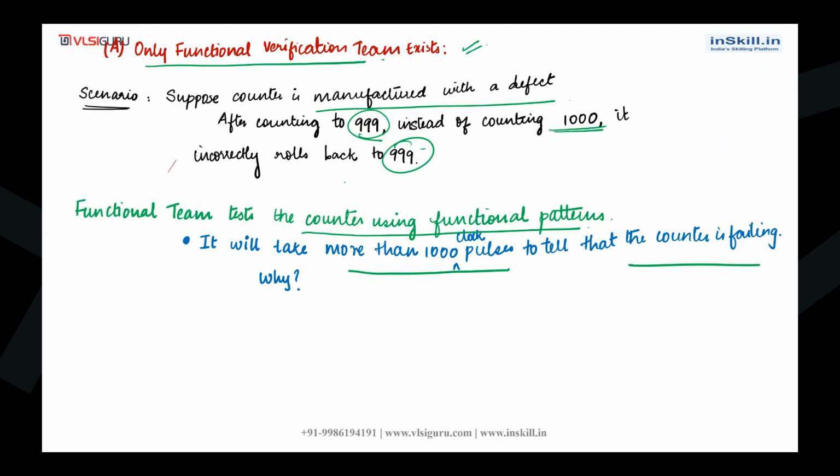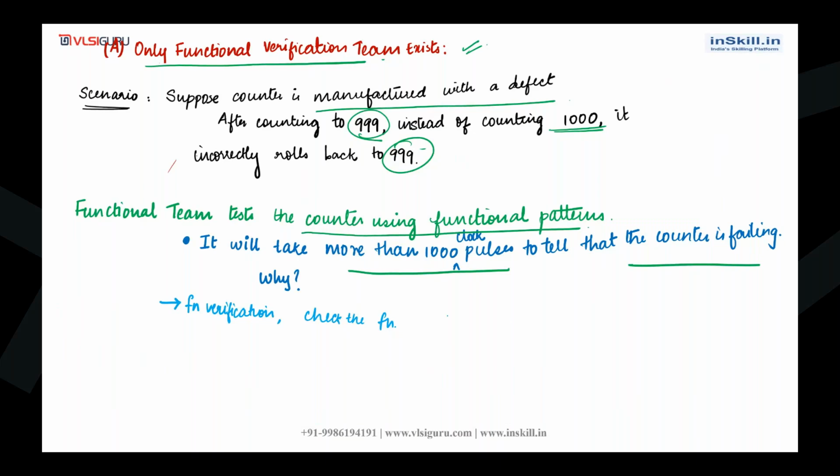The reason is that the functional verification team checks the functionality. In this case, what do they check? They check if the counter properly counts from 0 to 1023, because our design is a 10-bit counter.